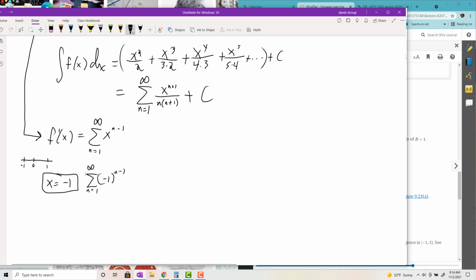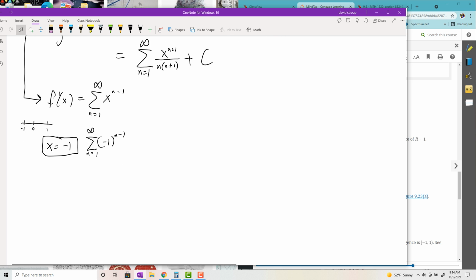And so raising it to the n minus 1 is effectively raising it to the n plus first power. Those are equivalent. I just hate seeing the n minus 1 for whatever reason. It freaks me out. This one, then, you could do the nth term test for divergence.